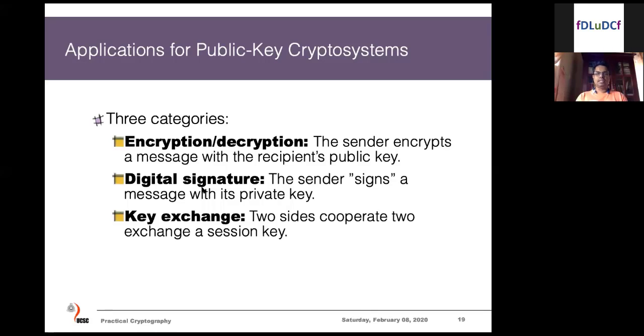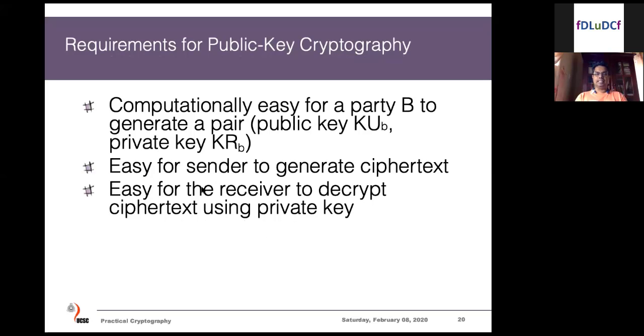That is called hybrid encryption. The sender generates symmetric keys, exchanges them with the help of the public key system, and then these symmetric keys are used for encryption and decryption of the data. That is called key exchange. As a summary, the public key system can be used for encryption, decryption, digital signatures, and key exchange.